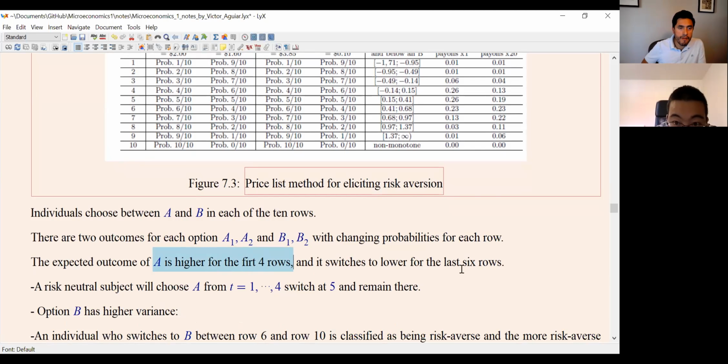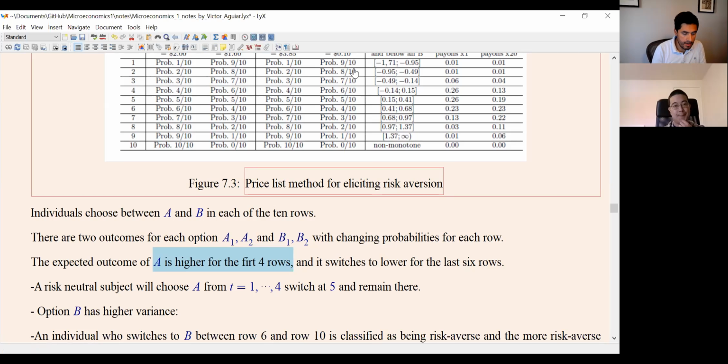So let's think of the benchmark of a risk-neutral individual. This guy has the identity Bernoulli utility, so he doesn't care about risk one way or the other. What will be the behavior of this guy in this design, given this information?